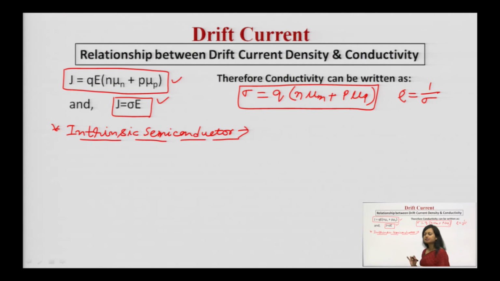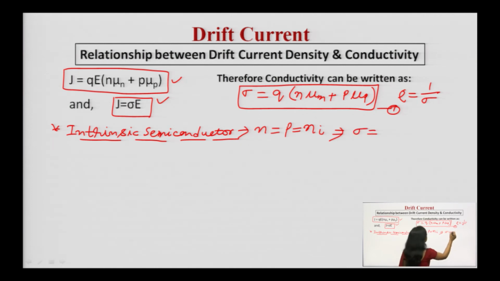In case of intrinsic semiconductors, the concentration of electrons is equal to the concentration of holes, which is equal to the intrinsic carrier concentration. Now this equation, equation number 1, can be written as what?